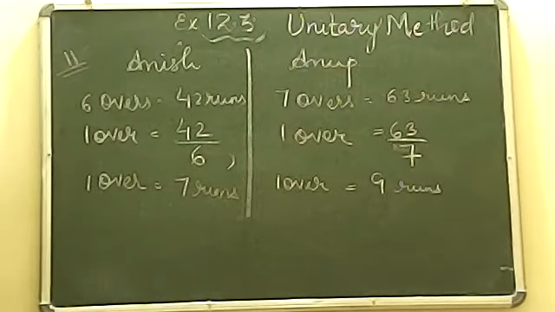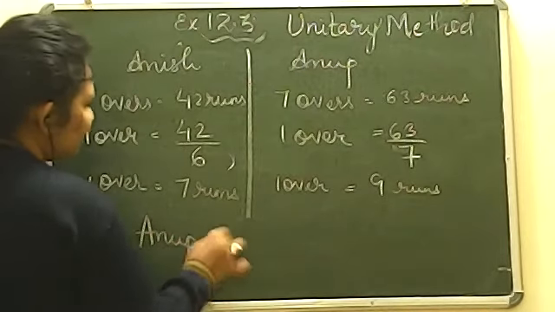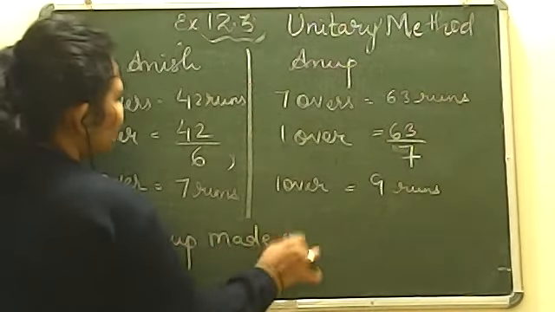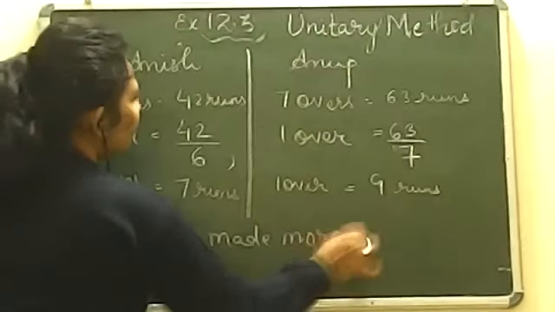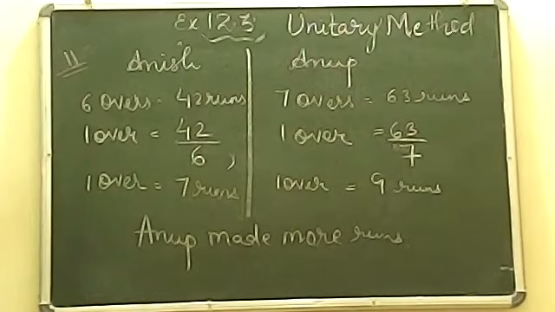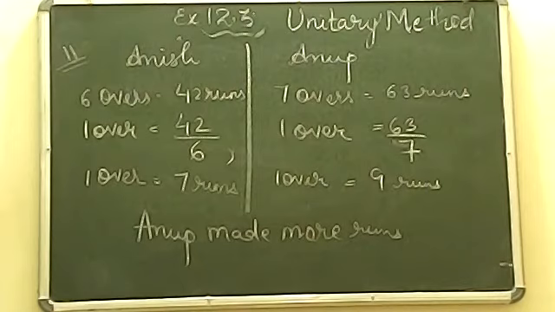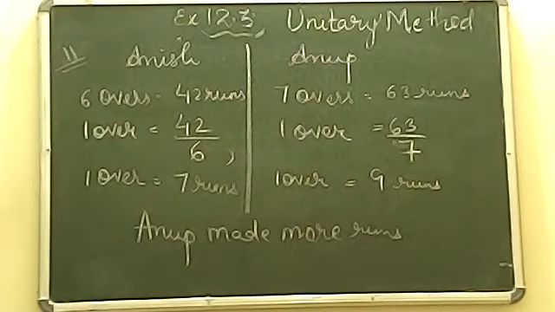Correct answer. Anup is making more runs. Anup made more runs per over. Finished. Now move on to the next pattern of the question.